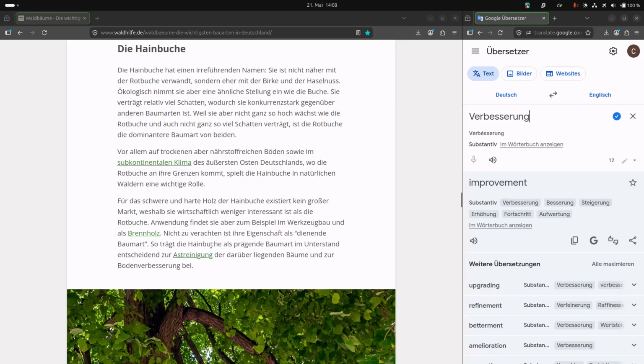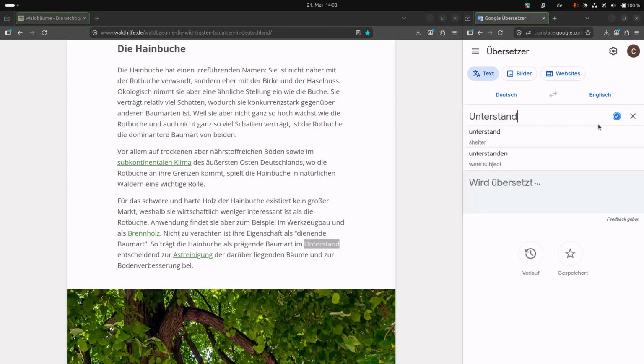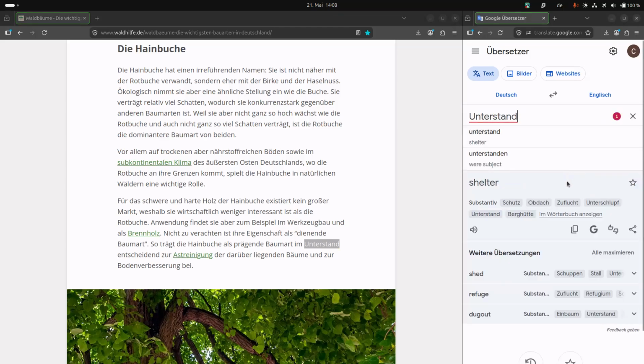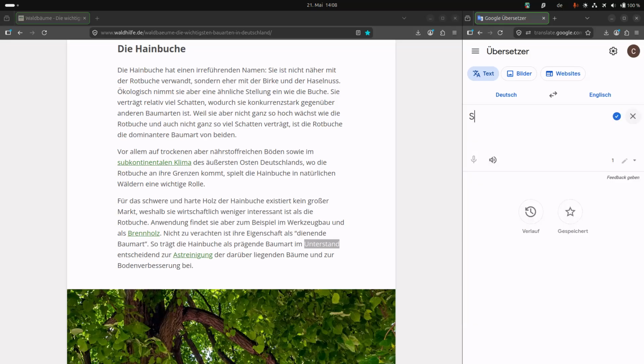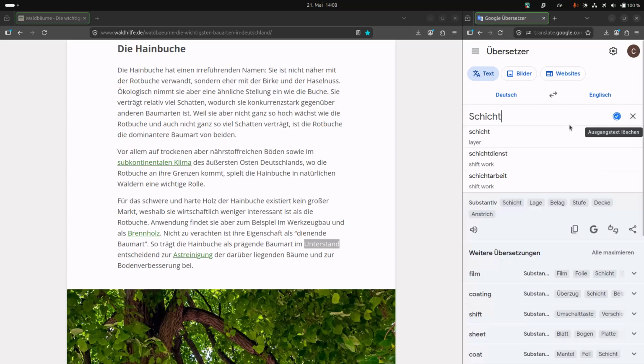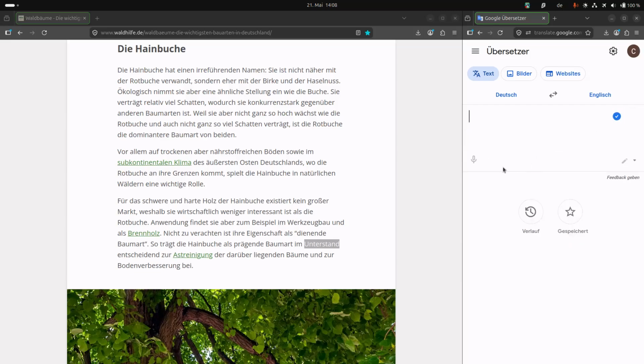So contributes the hornbeam as a characterizing tree species in the, I don't know, Unterstand? Shelter, yeah, you could rather say shelter. Or underlying tree, like what's it called? Tree Schicht. Tree layers. I think you get what I mean.